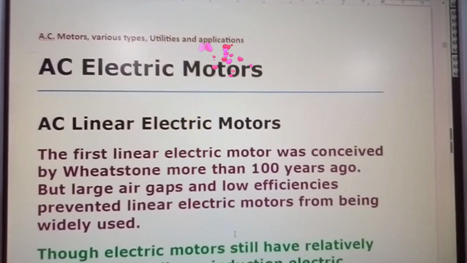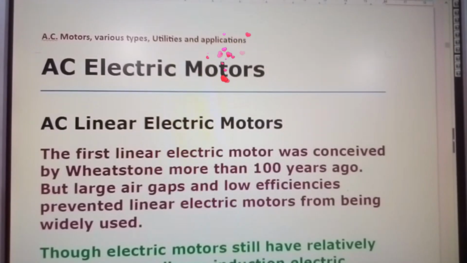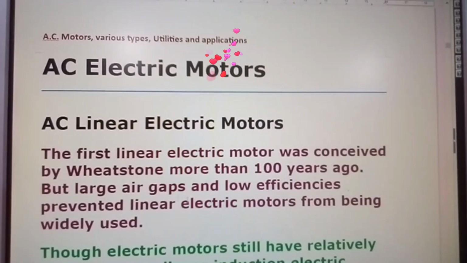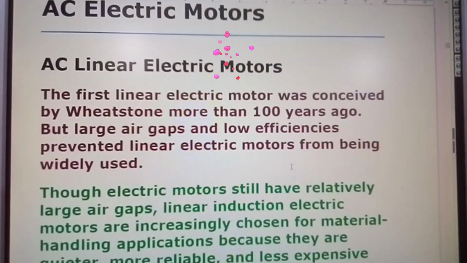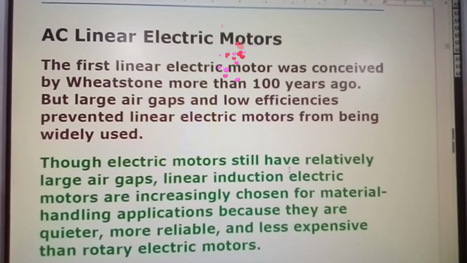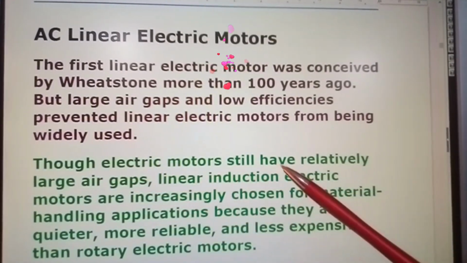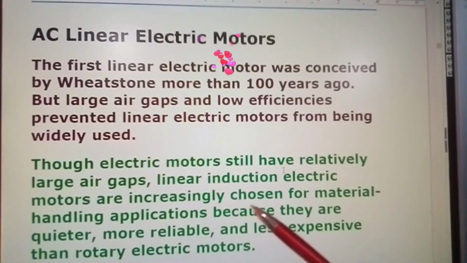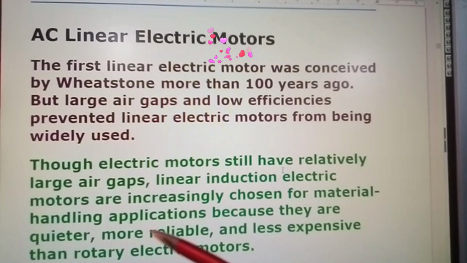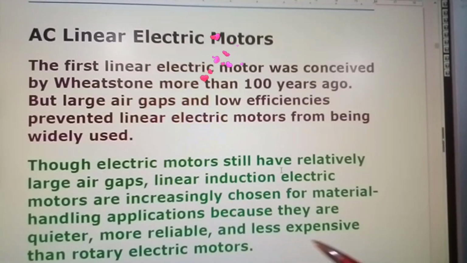Though electric motors still have relatively large air gaps, linear induction electric motors are increasingly chosen for material handling applications because they are quieter, more reliable and less expensive than rotary electric motors.